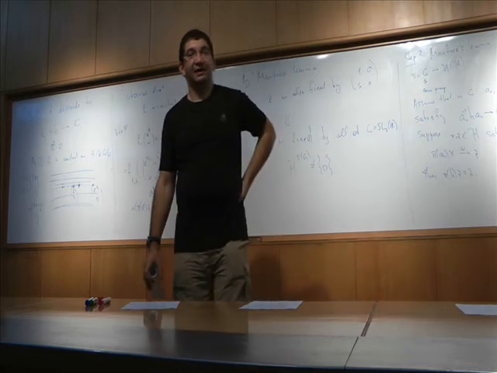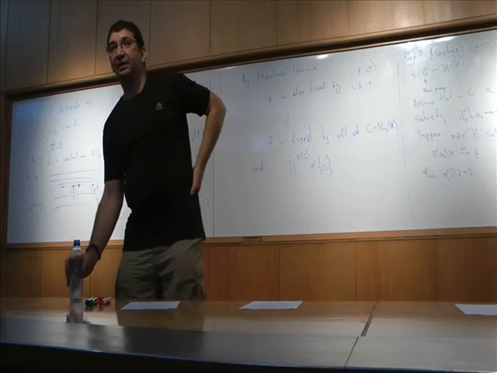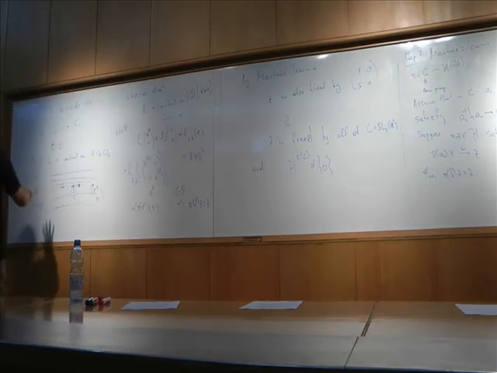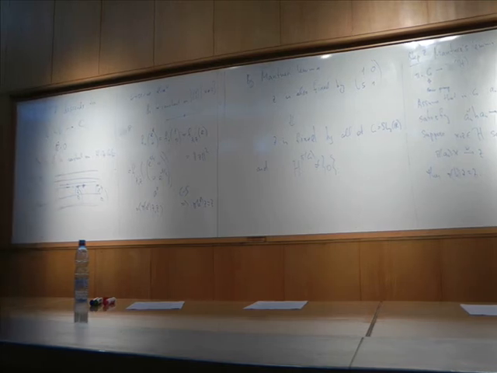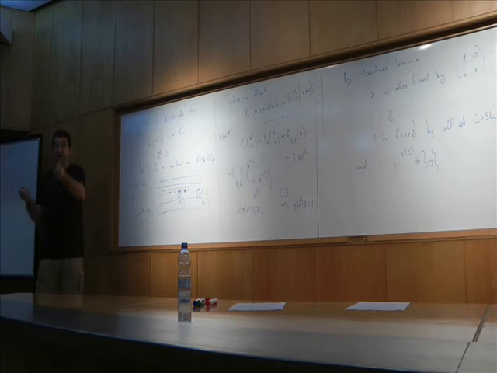Sorry, questions, Felix? Could you explain again why G mod H is the plane without origin? Because G, so SL2R, acts on R2 without origin. It acts transitively. Any non-zero vector is part of some basis.